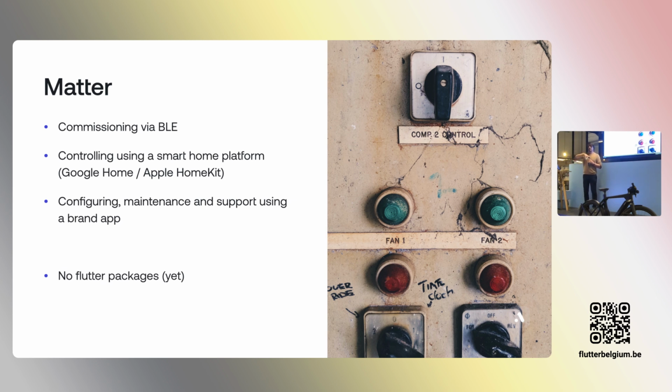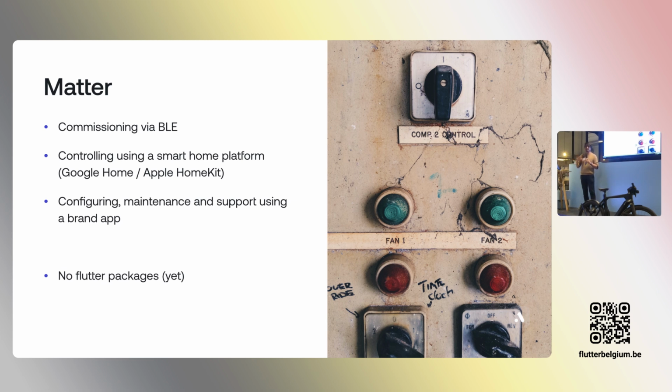The idea of Matter is that you don't need to make an app for each device. So if you have 10 different apps right now to control your lights, your blinds, your temperature, the goal of Matter is to centralize that in the main platforms, and that's Google Home and Apple HomeKit. But I'm pretty sure that for configuration, maintenance, support, and all that, you still need an app.